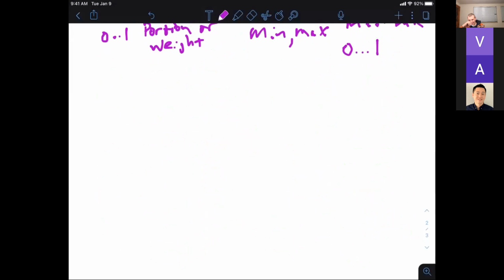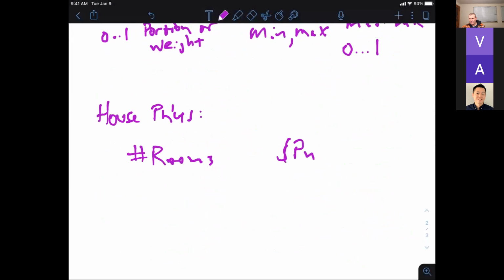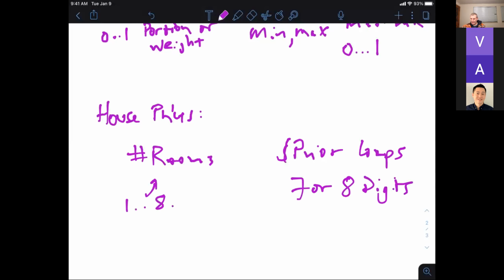And the reason you want to do something like this is this. Let's say you're looking at house prices, number of rooms, and prior comps. The house prices might have 7 or 8 digits, while the number of rooms is going to be like 1, 8, 11.